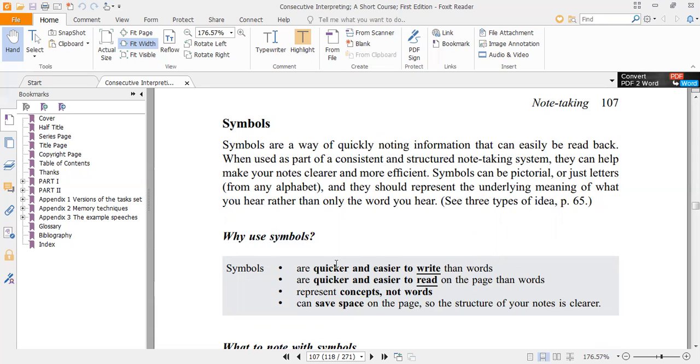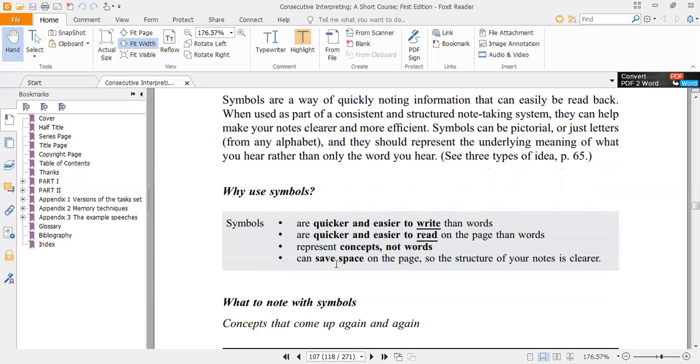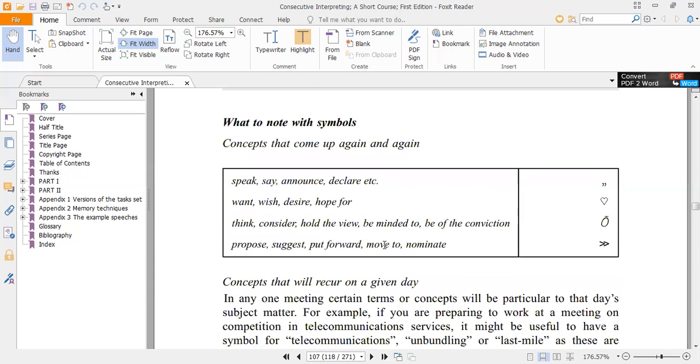The first one, symbols can be easily taken and easily remembered. Also, they have limited space. They don't need much space to write, only a limited space, so they save space. Also, they represent a concept, not words.